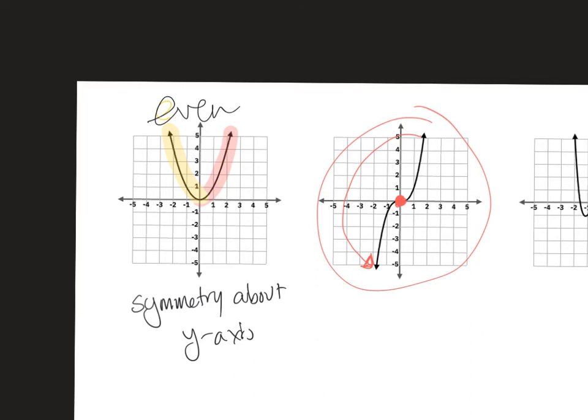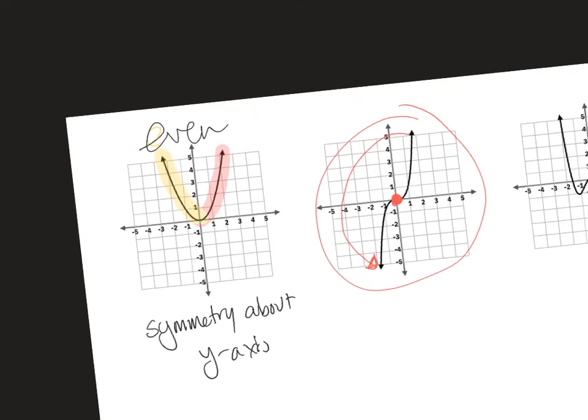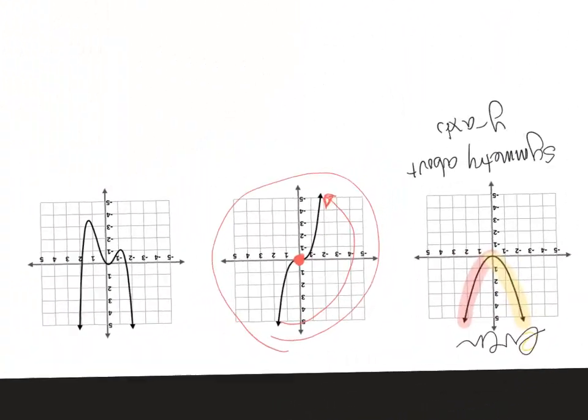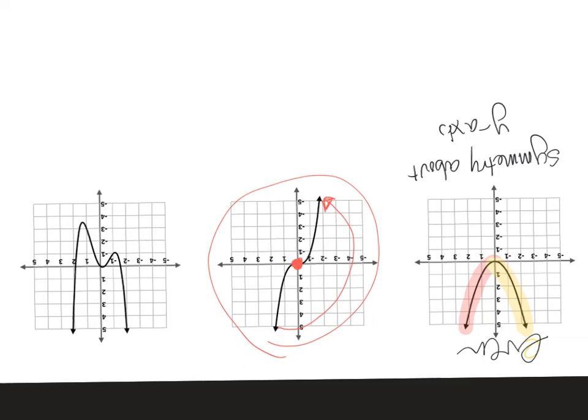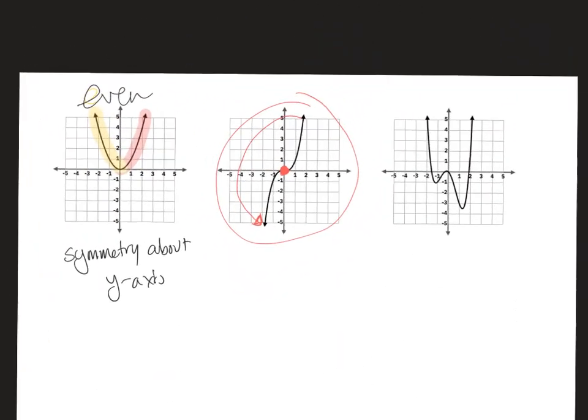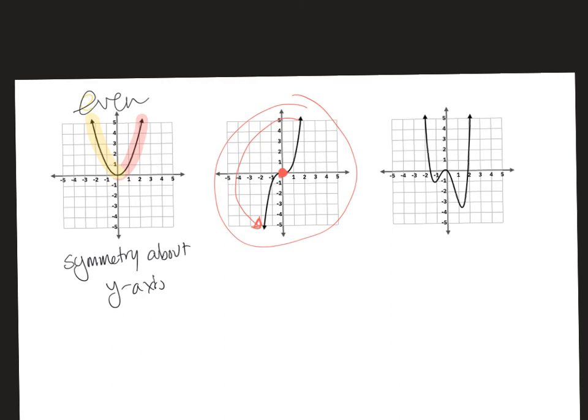If you have your Chromebook in front of you, you can turn it completely upside down and you'll have the exact same picture. In fact, watch what happens if I do this on my screen. Same exact picture, right? I've done a complete rotation and it looks exactly the same. That's kind of cool. I like technology. So this one's odd.